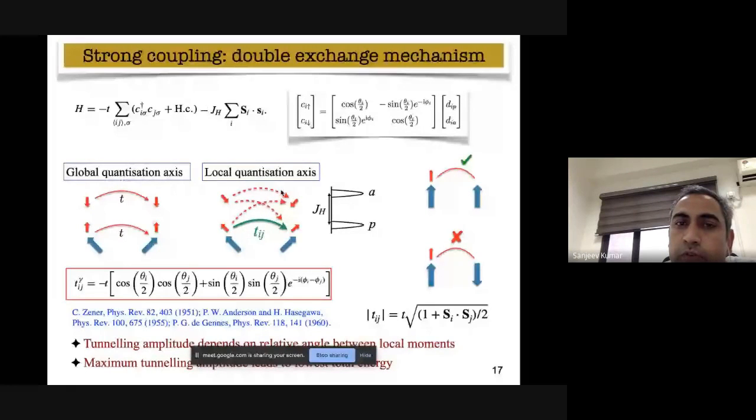To make use of this, we argue that if this Hund's-Rule coupling is very large, then the parallel and anti-parallel bands would be separated by an energy scale which is of order JH.